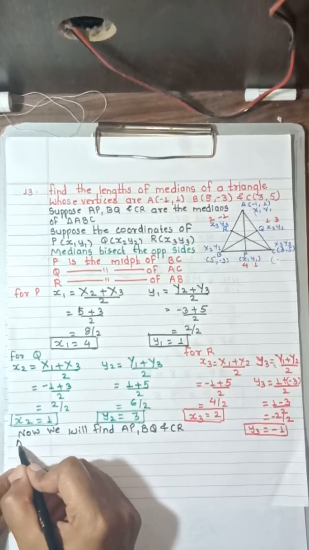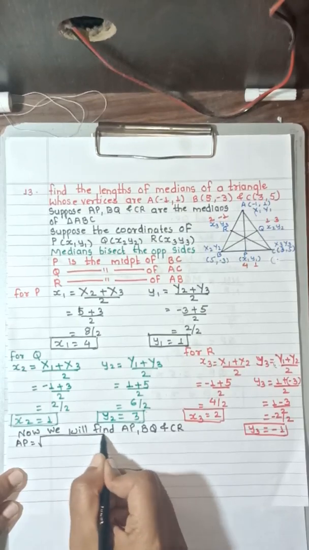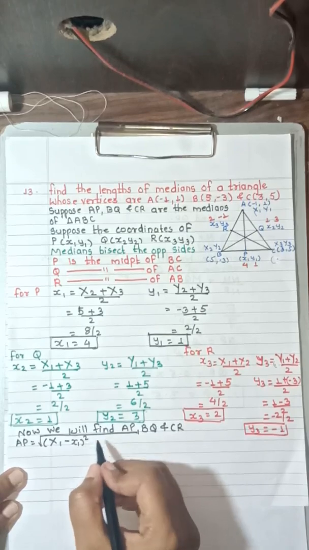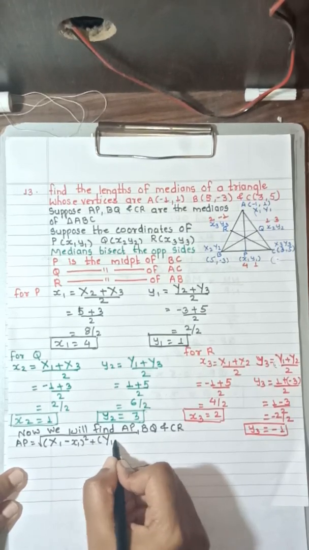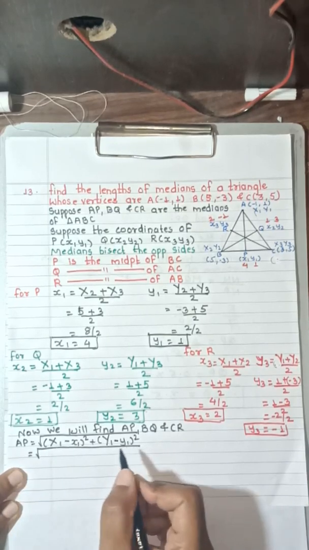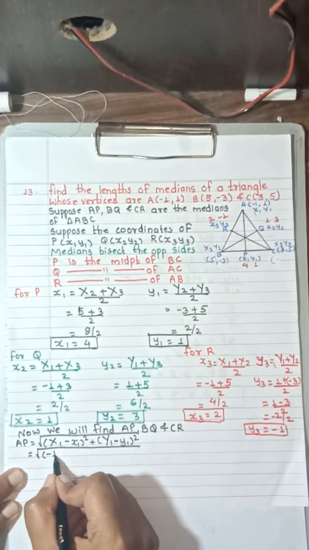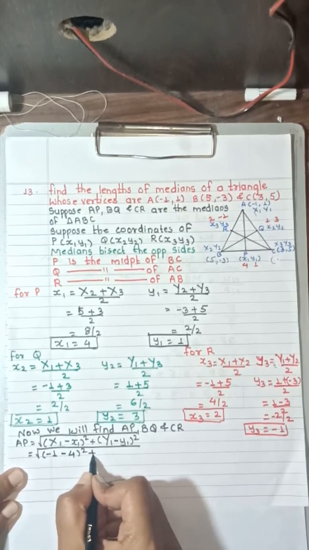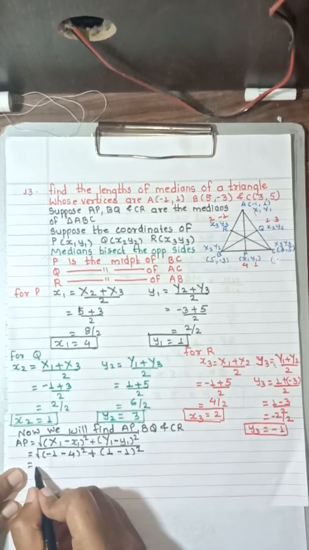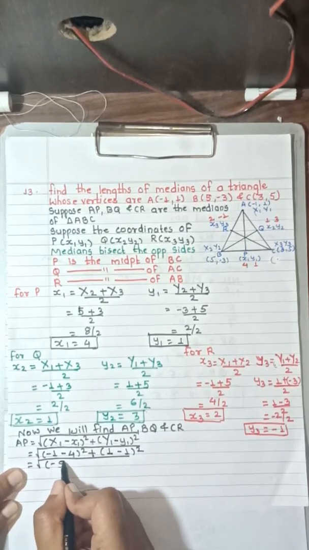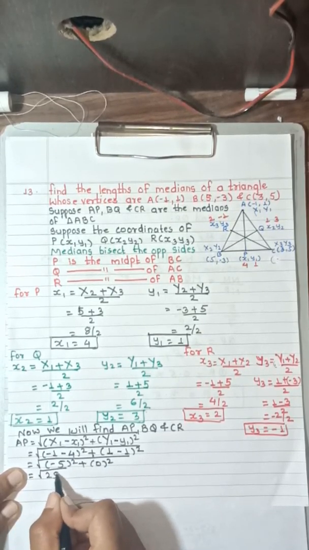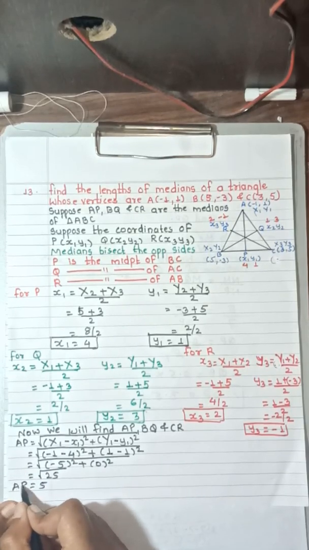AP is equal to under root of (X1 minus x1) square plus (Y1 minus y1) square, that is equal to under root of (X1 is minus 1, x1 is 4) square plus (Y1 is 1 minus 1) square, that is equal to under root of minus 5 square plus 0 square, this is equal to root 25, that is equal to 5. AP is equal to 5.